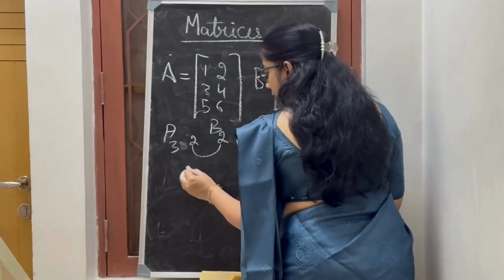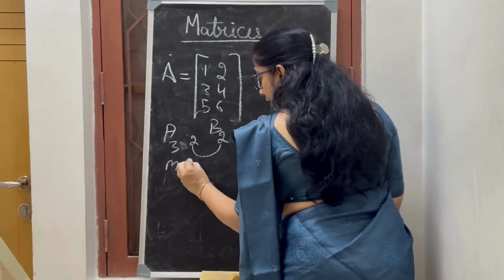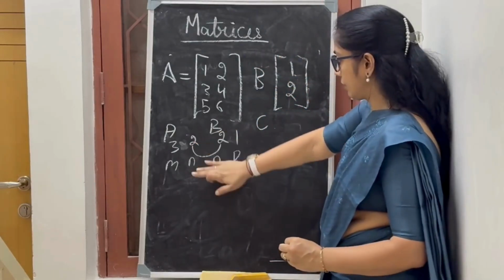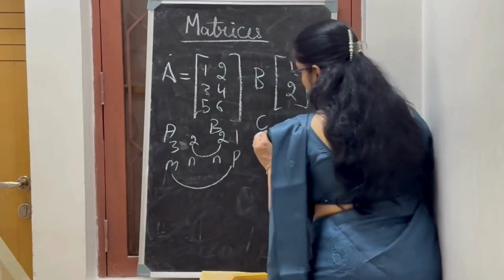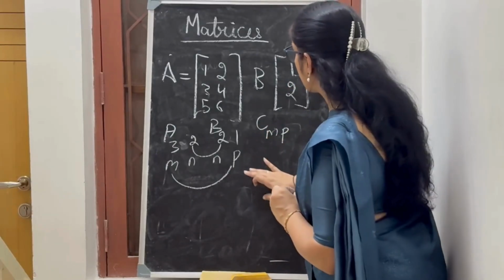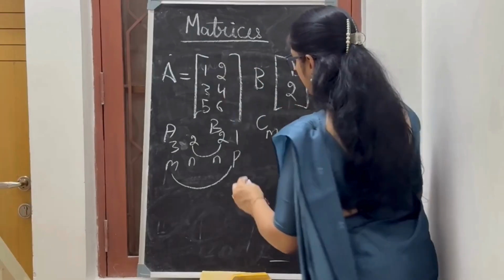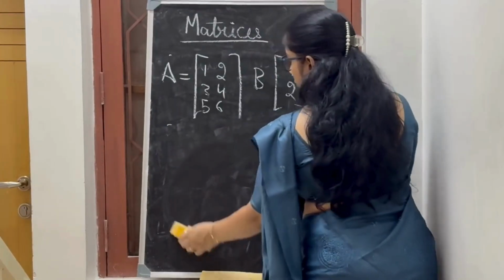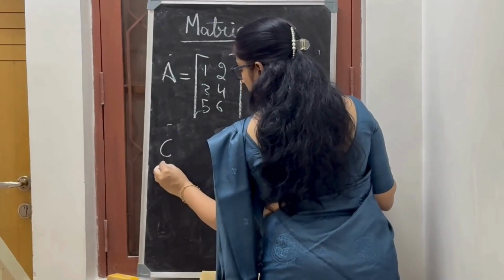I'll name this as M, N, N, P. I remove both the N's. Then what I get? MP. So C is MP. Okay? How do I do this? What I do here is the same multiplication, rows and columns.